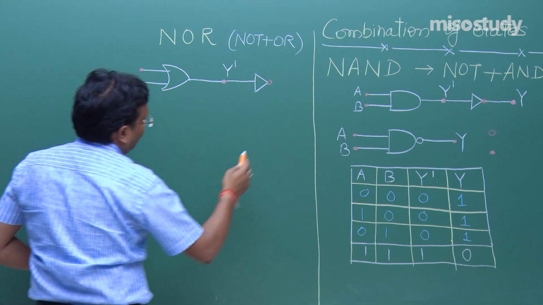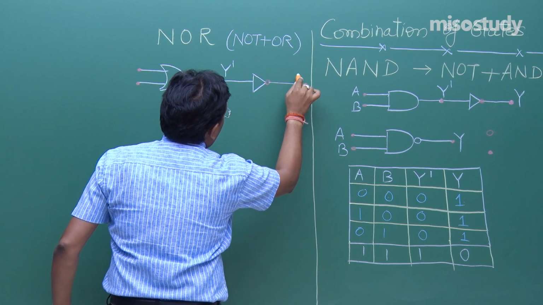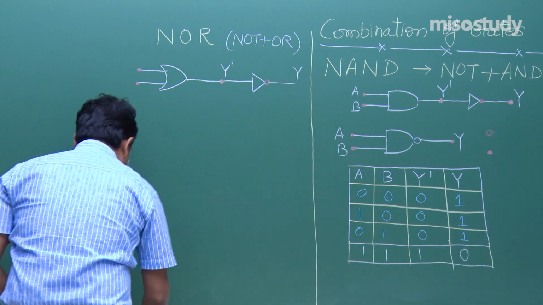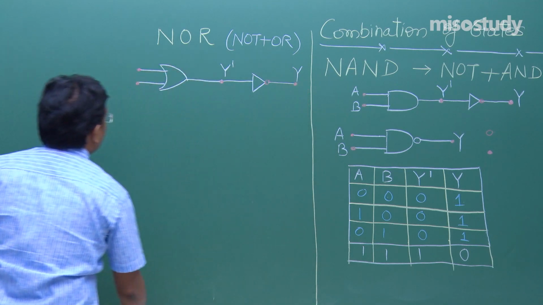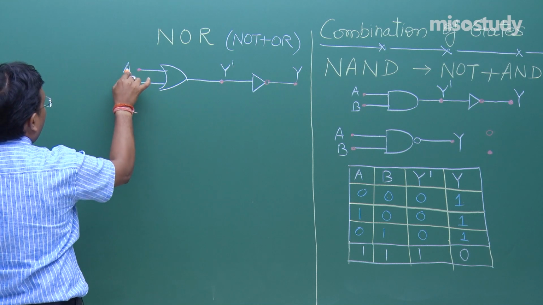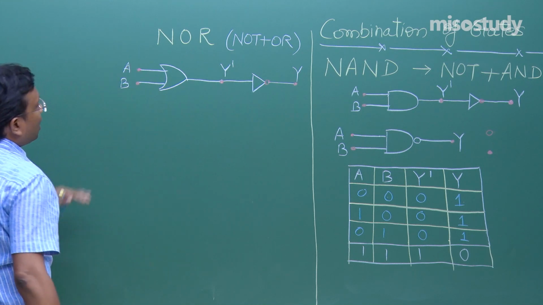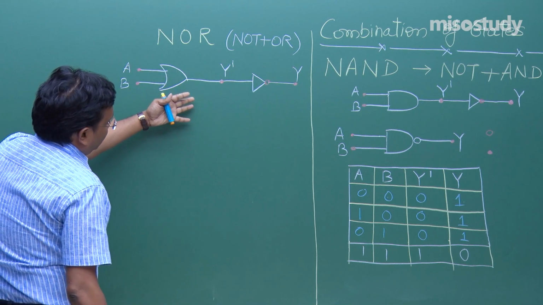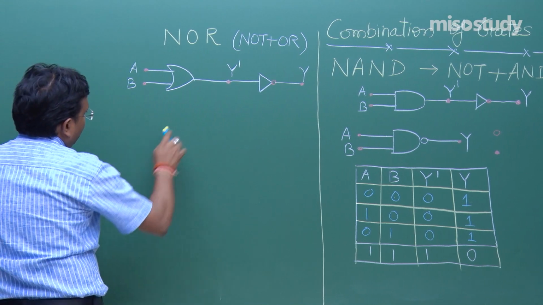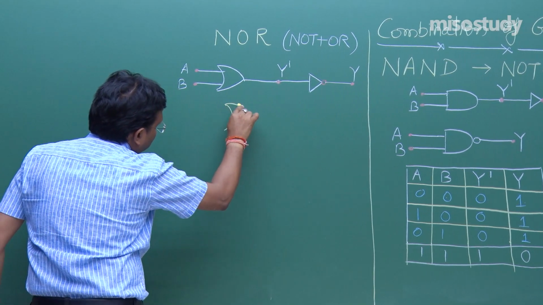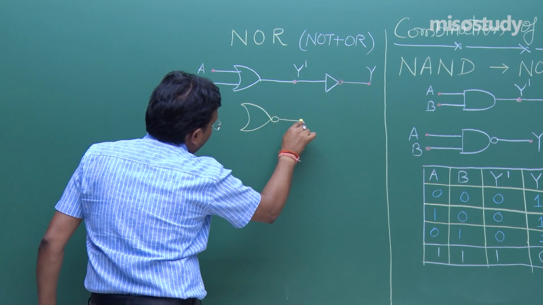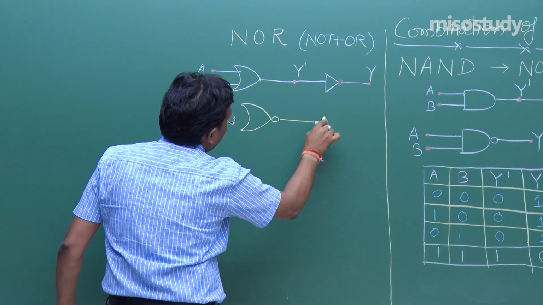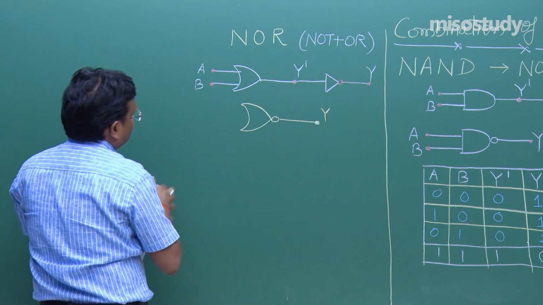fine, and then it is Y, and repeatedly I am putting like this. So it is A, it is B, or you can draw it also this way. It is Y. Fine.